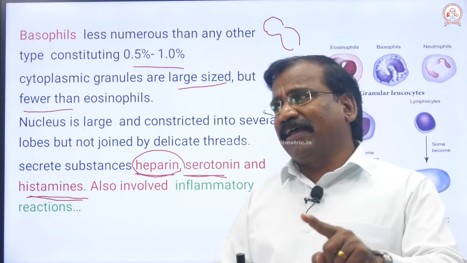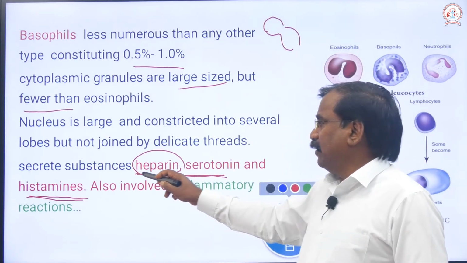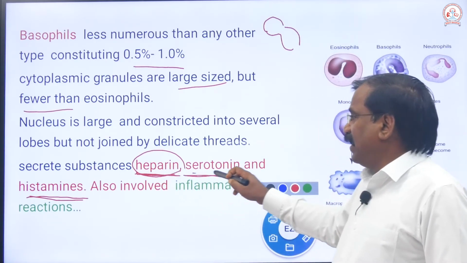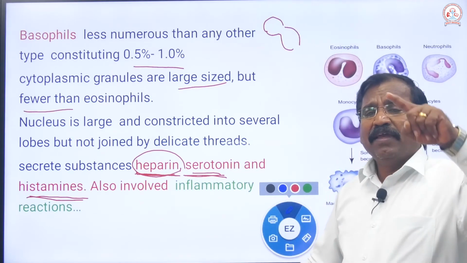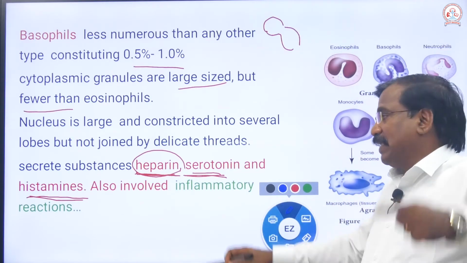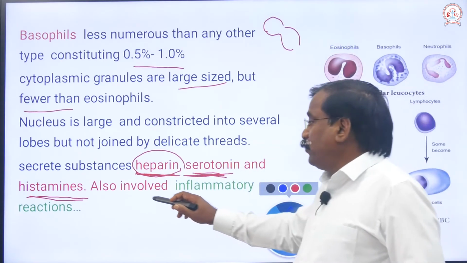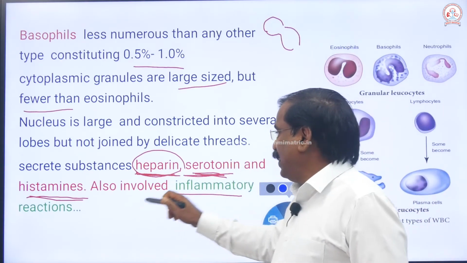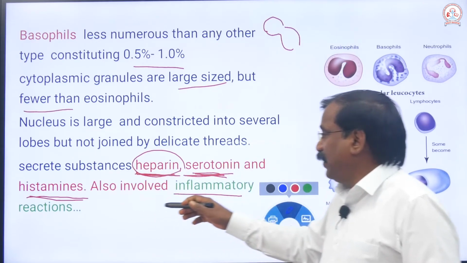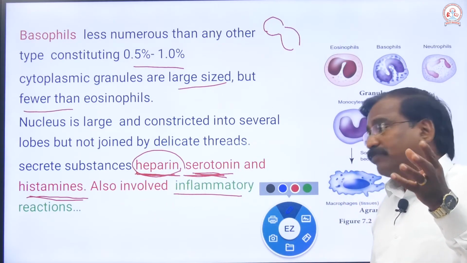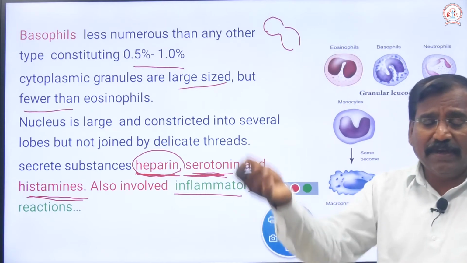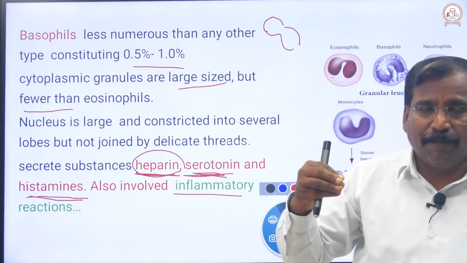So to keep it from clotting, the anticoagulation agent is heparin. Serotonin and histamine are involved in inflammatory reactions. We will study that in detail next year, not needed now. They are helpful for inflammatory reactions. Inflammatory reaction is one type of barrier.